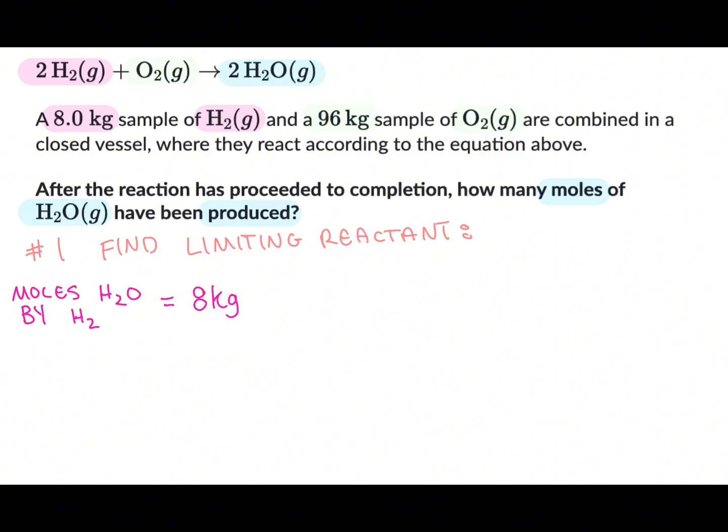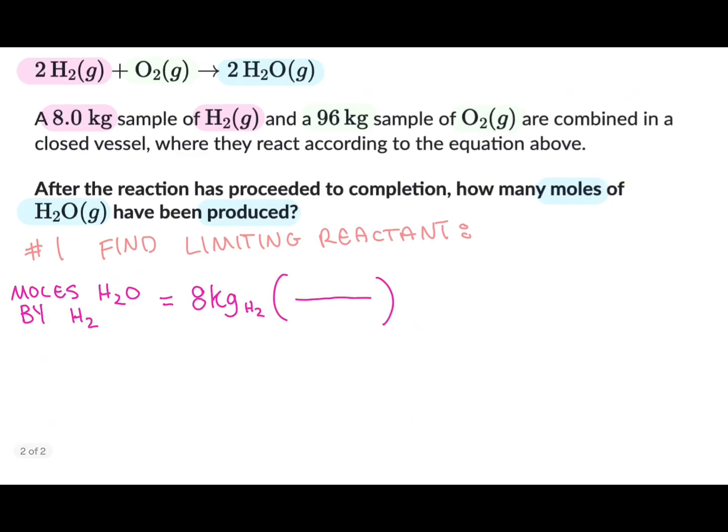And you take your starting value, 8 kilograms, and then multiply that by the ratio. And first we need to get from kilograms to grams because that'll be able to link us up to moles and so on. For every 1 kilogram, there's 1,000 grams, and kilograms on the bottom to cancel.